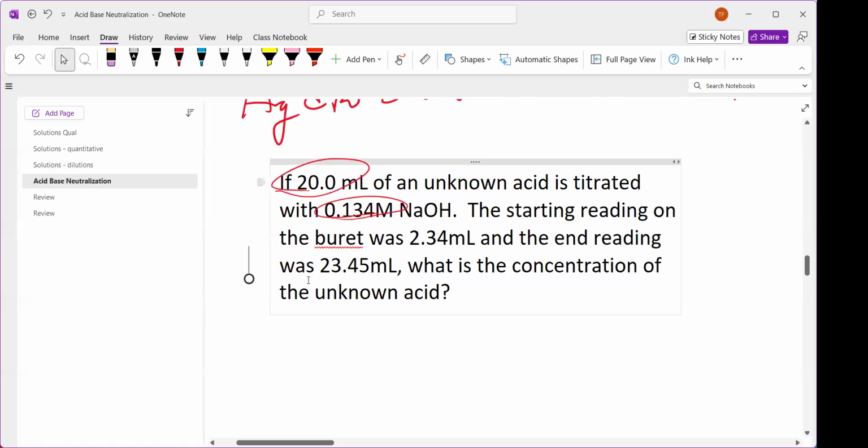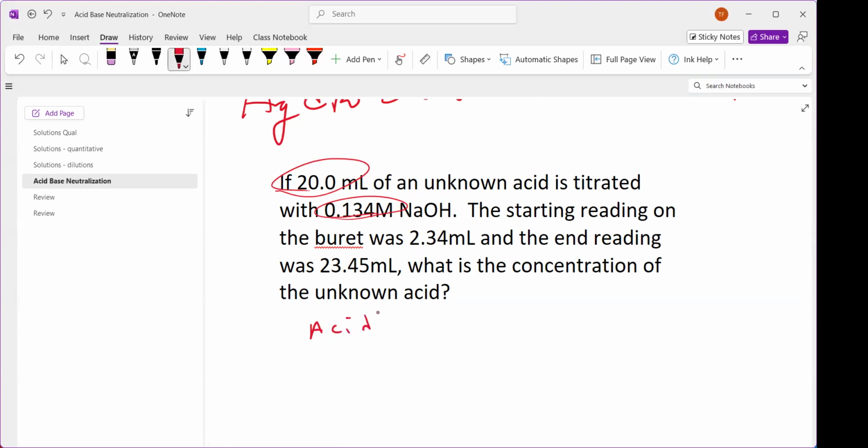First of all, we know that we have an acid and a base forming a neutralization reaction. Now, if this was a balanced equation, the coefficients would be 1, 1, 1, 1.